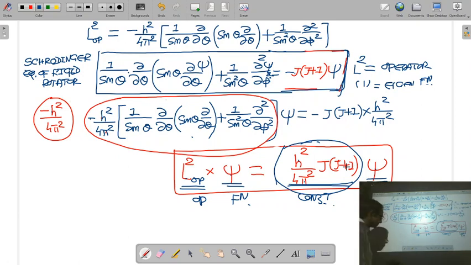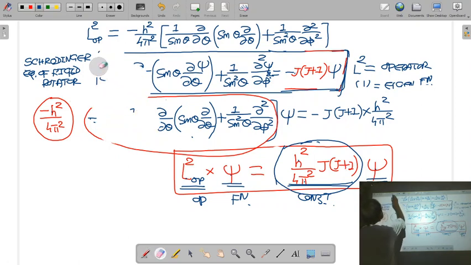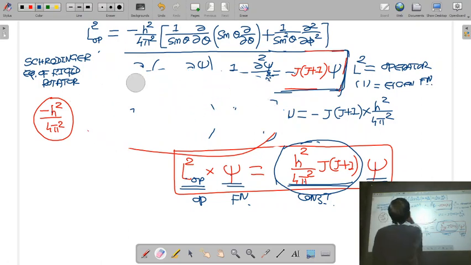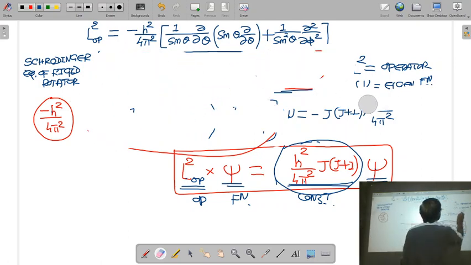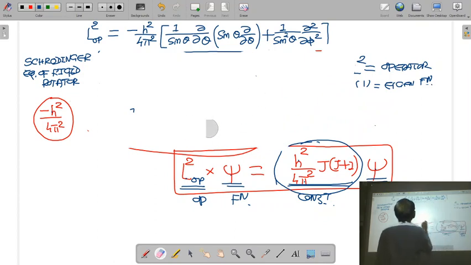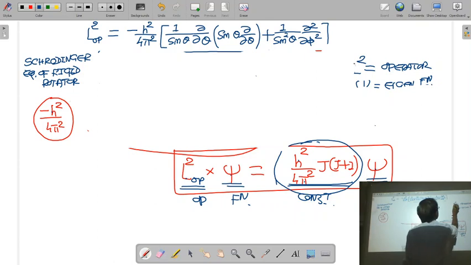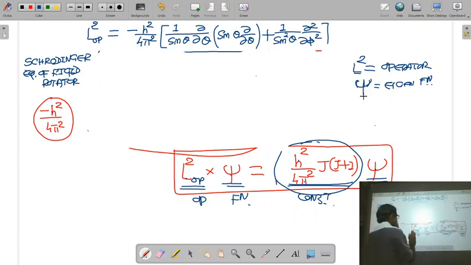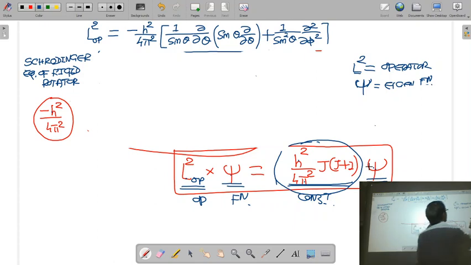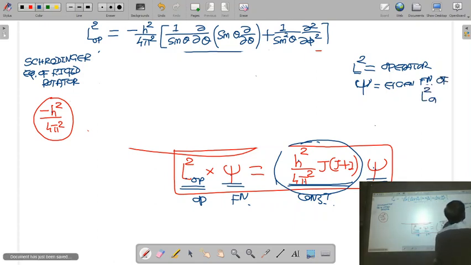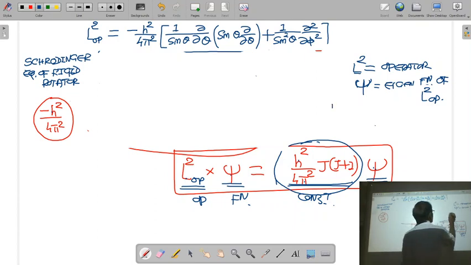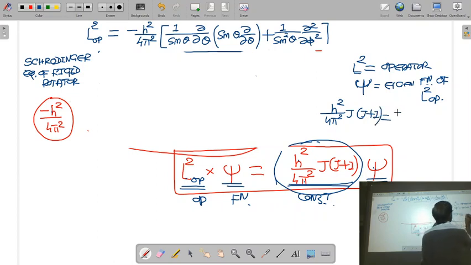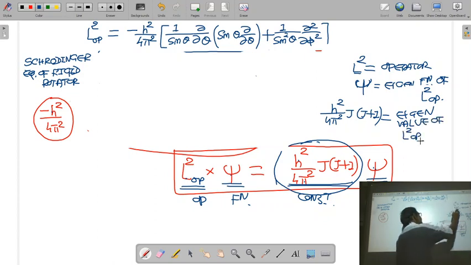So I write the result now. L square is the operator. Psi is the eigenfunction of the L square operator, and h square upon 4 pi square j into j plus 1 is the eigenvalue of the L square operator belonging to the eigenfunction psi.